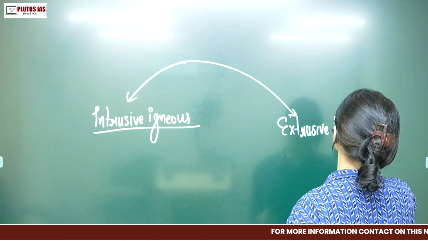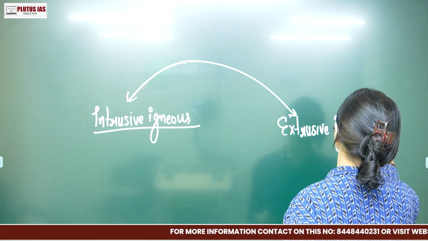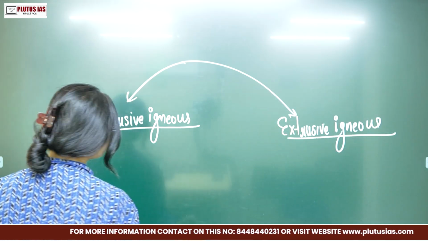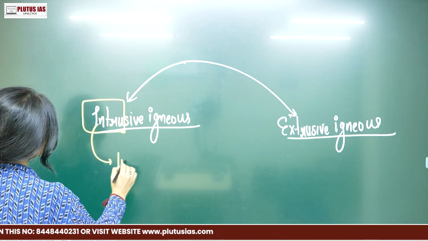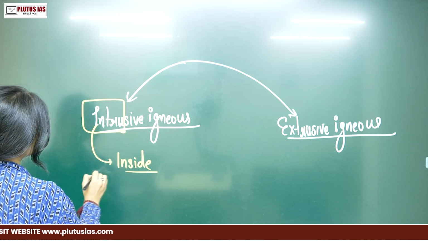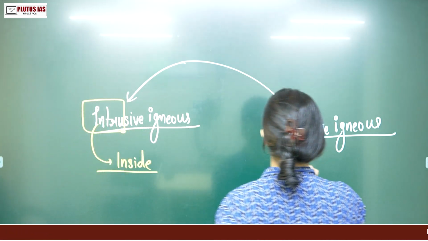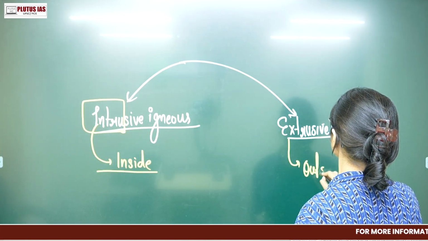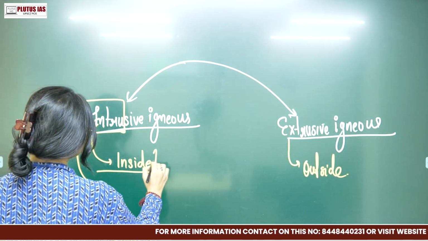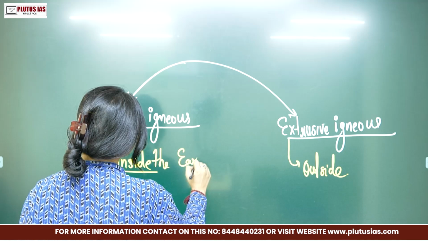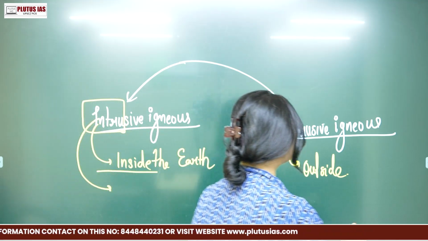What do you mean by intrusive? Intrusive means inside. Extrusive means outside. From this word itself you should get to know that intrusive is talking about inside the earth, and extrusive is talking about outside the earth.